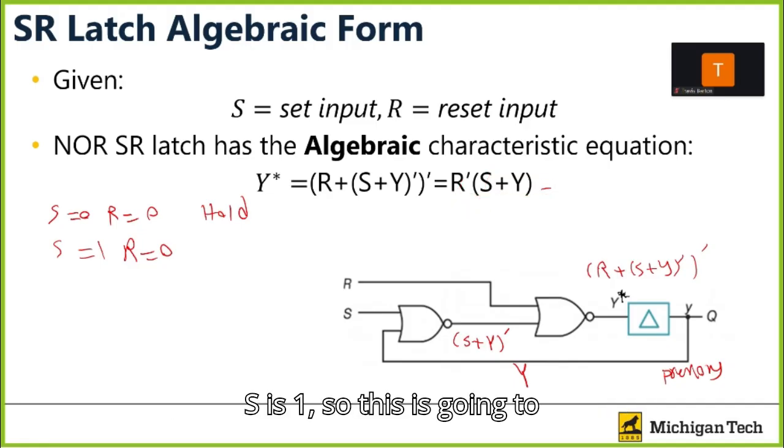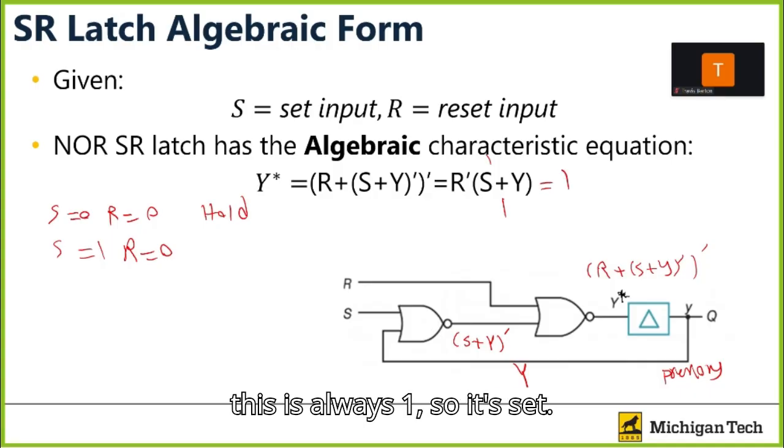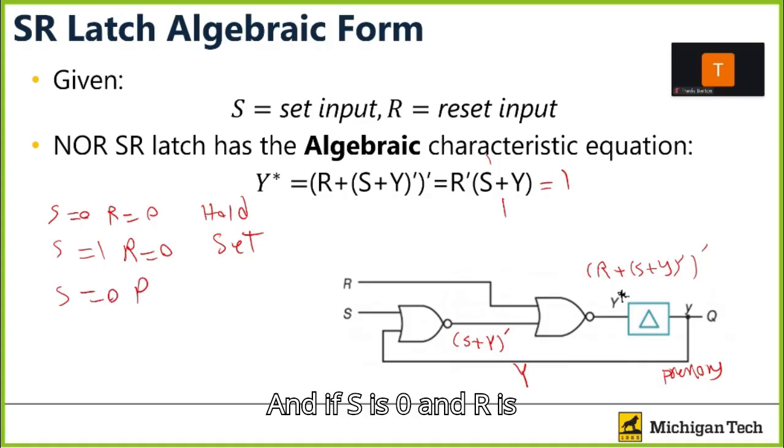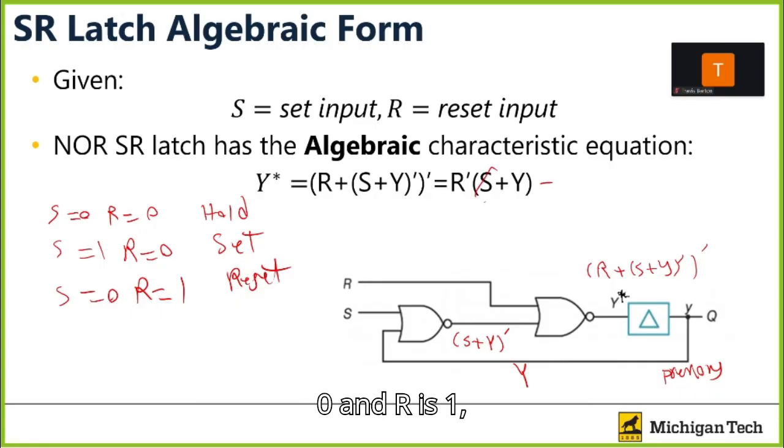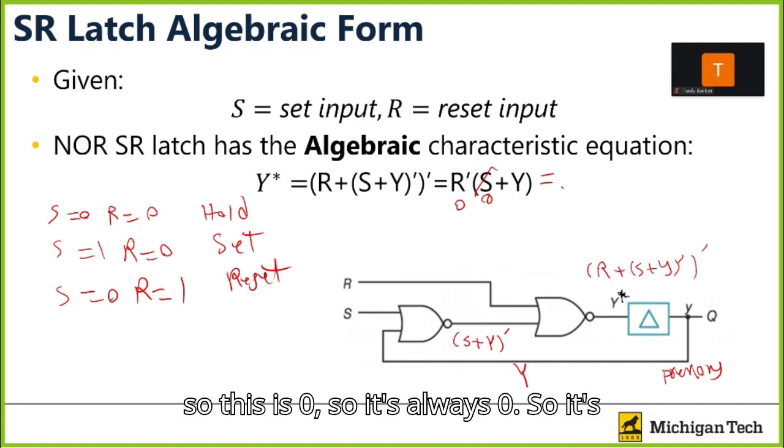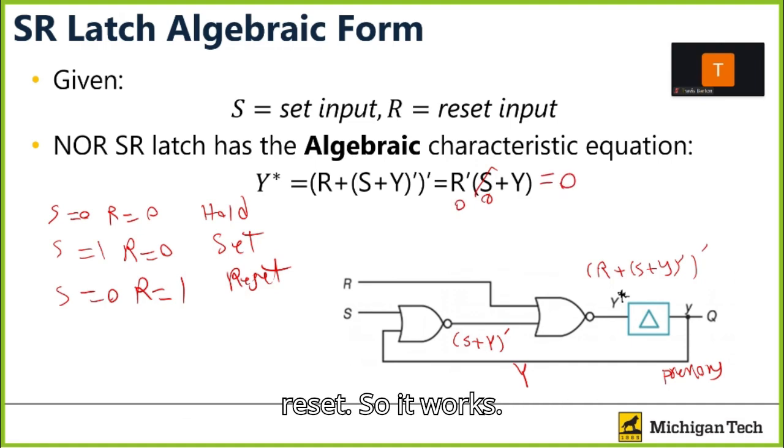S is 1, so this is always 1, and R is 0, so R bar is 1, so this is always 1, so it's set. And if S is 0 and R is 1, it is reset. Because S is 0 and R is 1, so this is 0, so it's always 0, so it's reset. So it works.